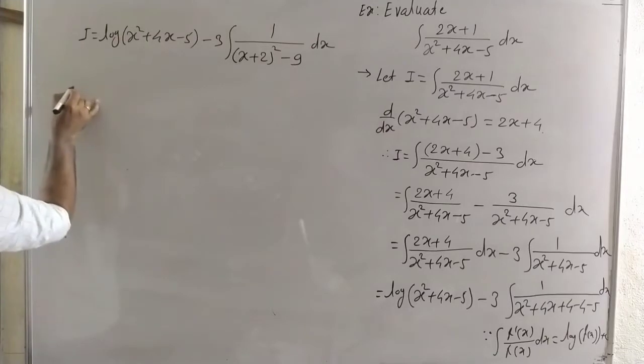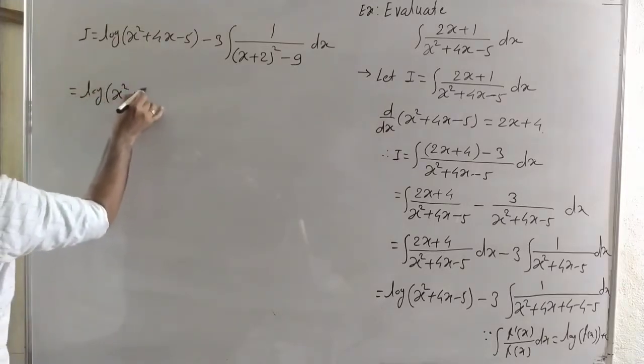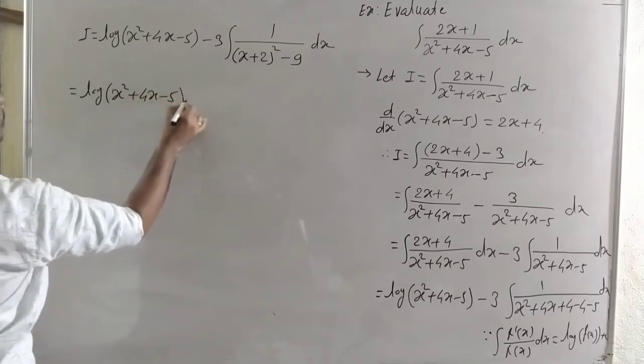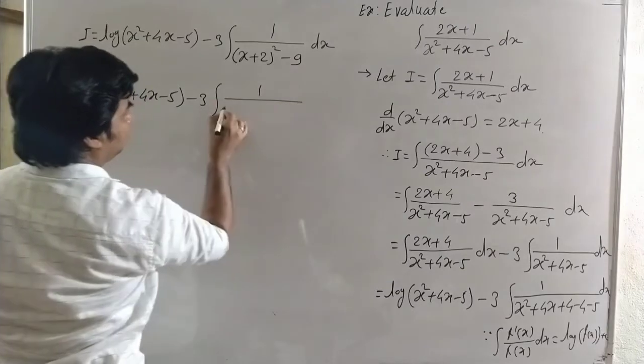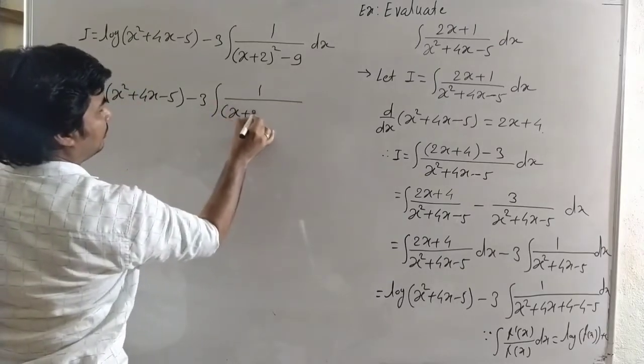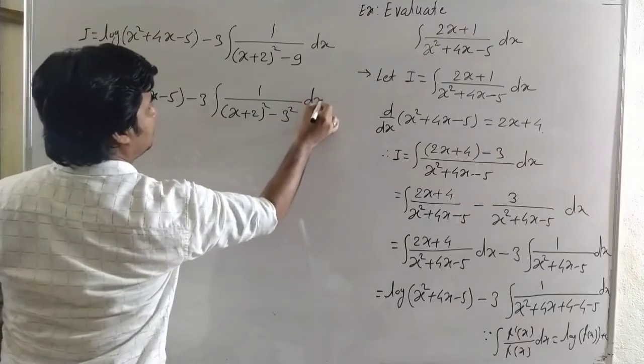This term as it is, log of x square plus 4x minus 5 minus 3 into integral of 1 upon x plus 2 whole square minus 3 square dx.